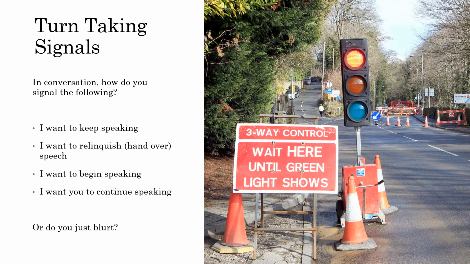How do you signal that you are done speaking or that you want to hand over speech to someone else? If you're not speaking, how do you signal that you want to begin speaking? Or how do you signal that you want the person speaking to continue, i.e. that you don't want to start speaking?